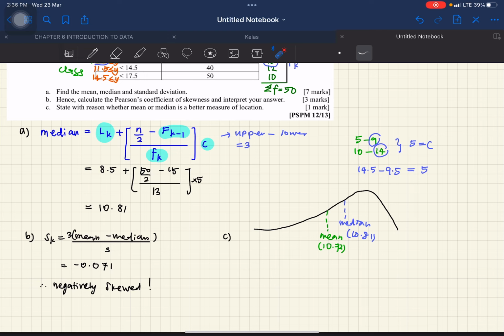So nilai-nilai yang outlier ni dia nilai yang tak reliable. So let's say lah awak dalam satu kelas awak nak buat challenge. So lecturer awak nak kutip data on berapa banyak student boleh buat sit up dalam masa 1 minit. Okay, so let's say lah semua orang boleh buat around 20 to maybe 25 to maybe like belas-belas macam tu dalam masa 1 minit.